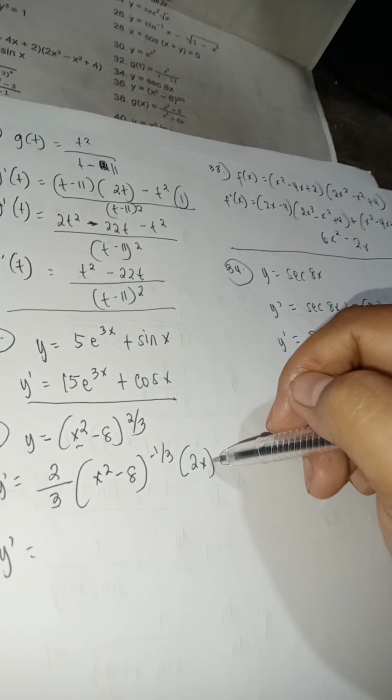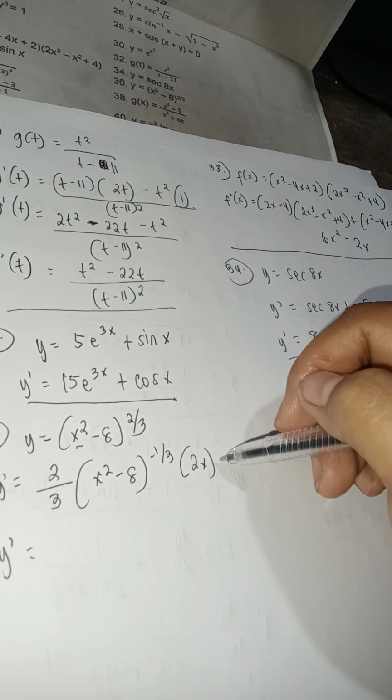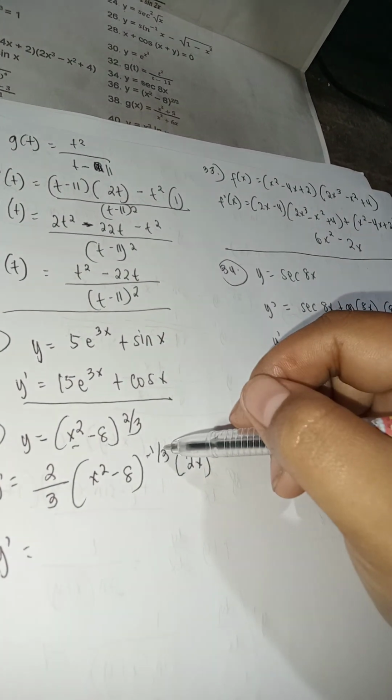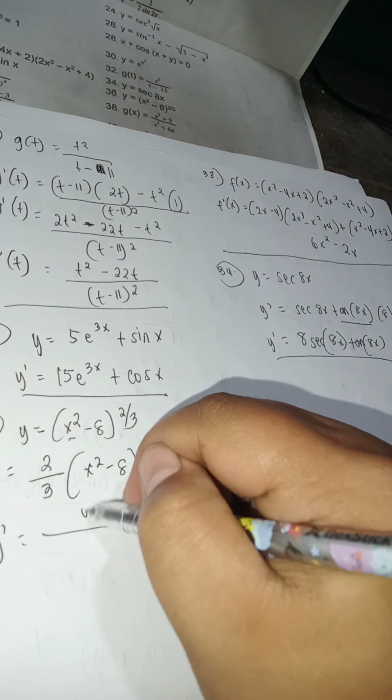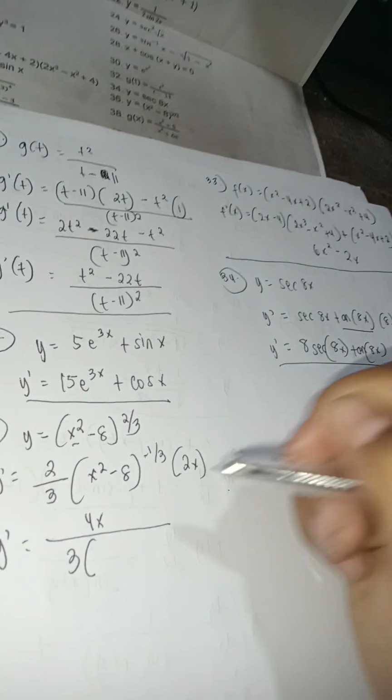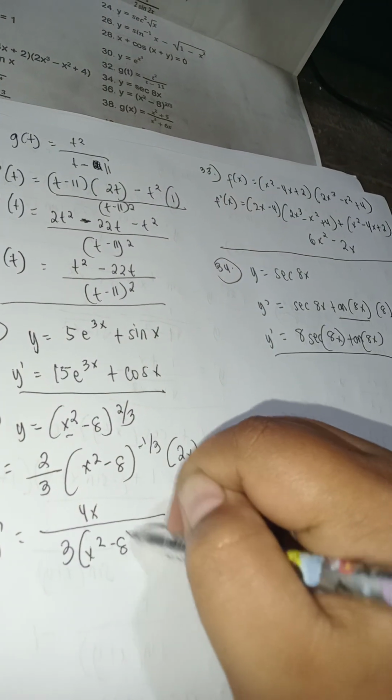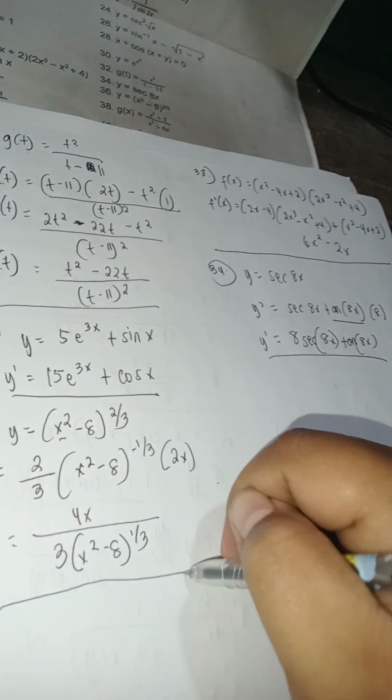So 2/3 times 2x results to 4x over 3, and since it is a negative exponent, we're going to bring it down. So 4x over 3 times x squared minus 8 to the 1/3. So this is our final answer.